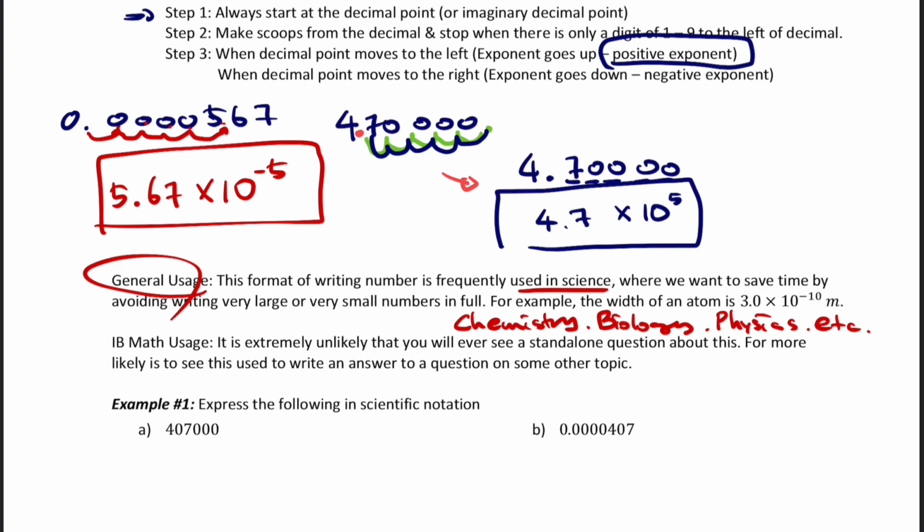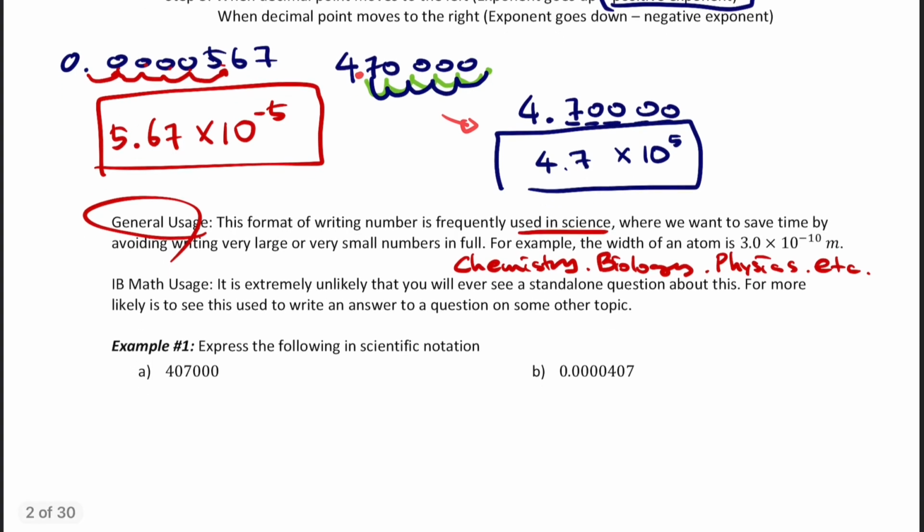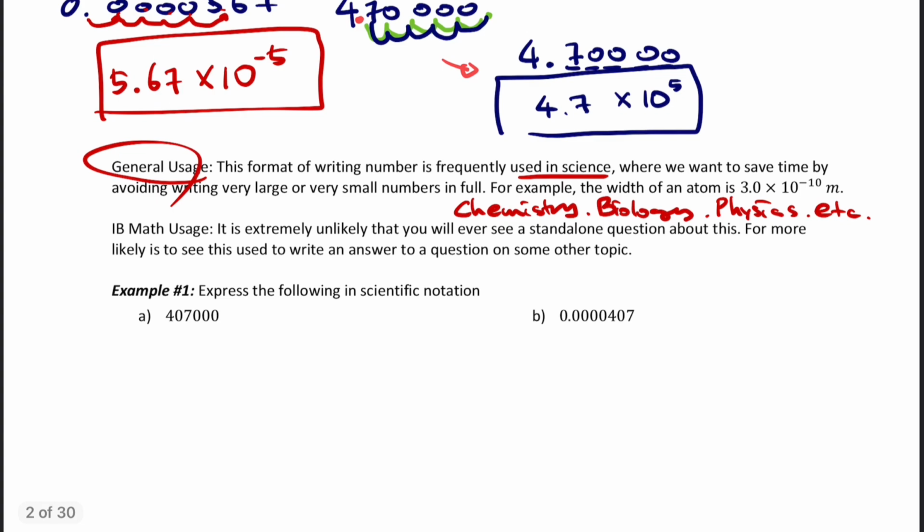Okay, then let's try some example questions. In example number 1, we need to express these numbers in the form of scientific notation. Question A, we have this number. We're going to pretend that there is a decimal place and move it until we have one number left on the left hand side. Then we place the decimal right after 4.